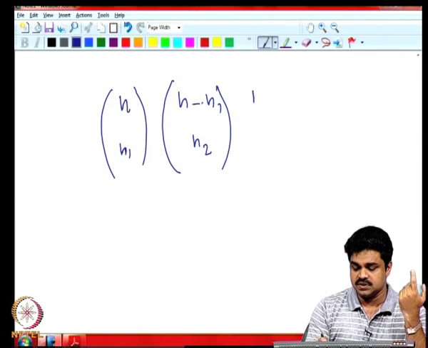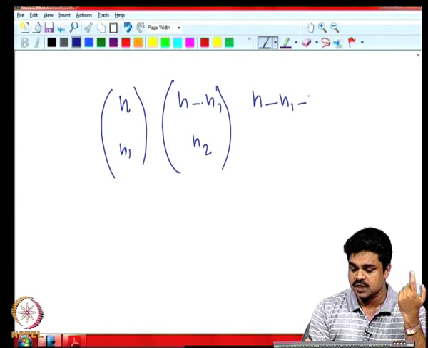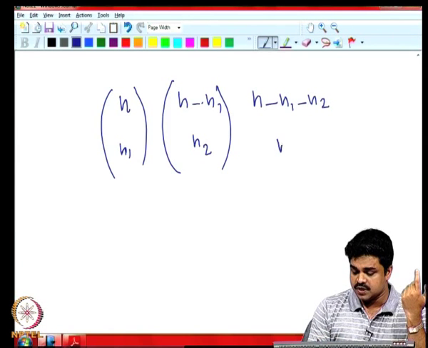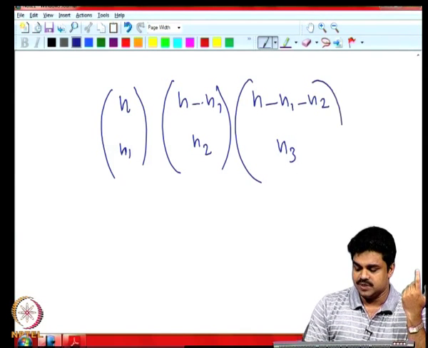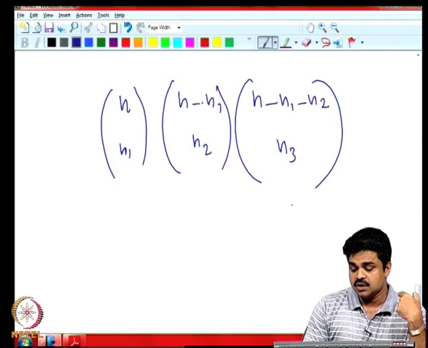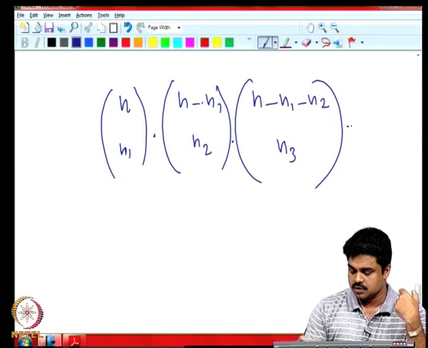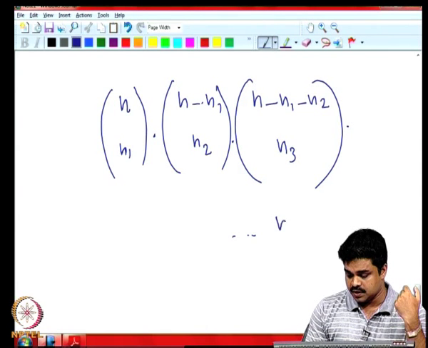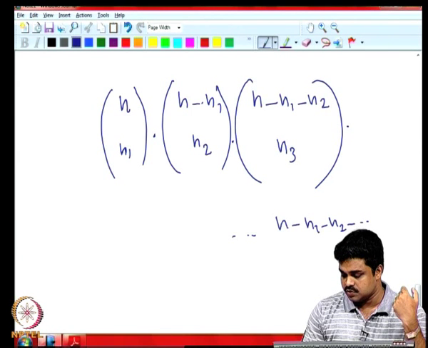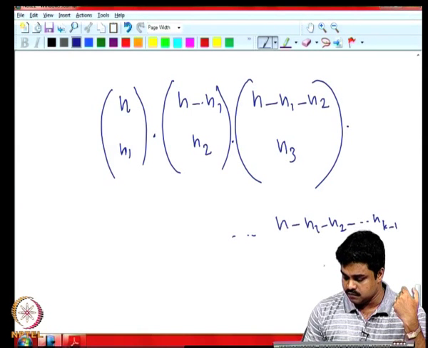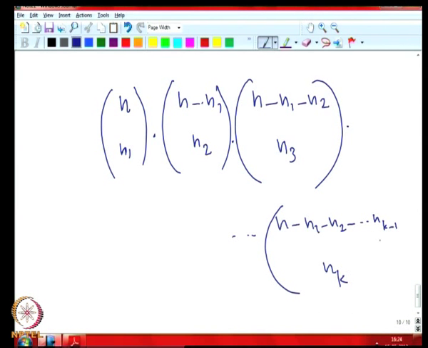From the remaining n minus n1 minus n2 things, you can choose n3 objects, which can be given to the third box, and like that we continue. Finally, for the last box, the remaining objects are nk, so we are just selecting all of them, and that should be given to the kth box.